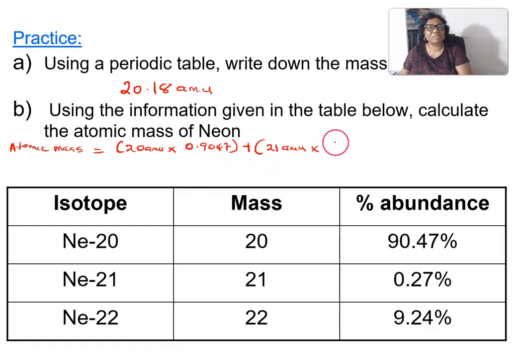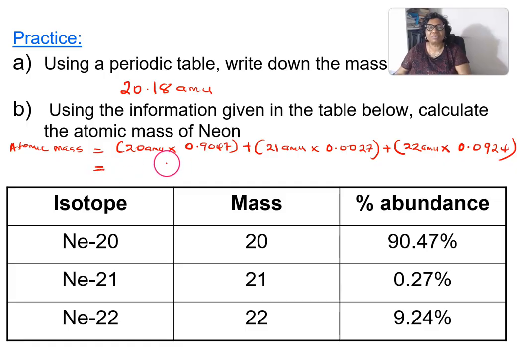So it gives us 0.0027, plus the next one is 22 atomic mass unit times 9.24 divided by 100, which is 0.0924.